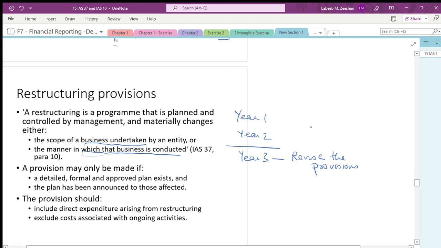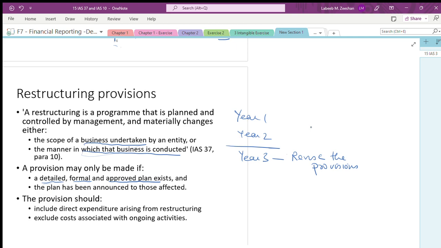A provision is made only if a detailed, formal and approved plan exists. Understand? When you are making the provision, a detailed formal plan has been announced to those affected, then only you have to make a provision.